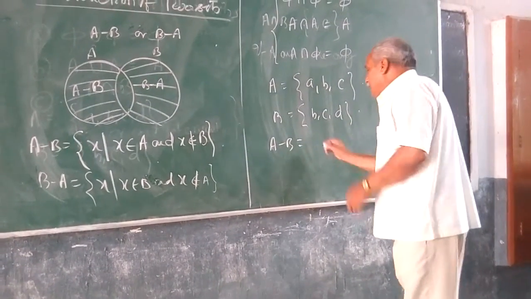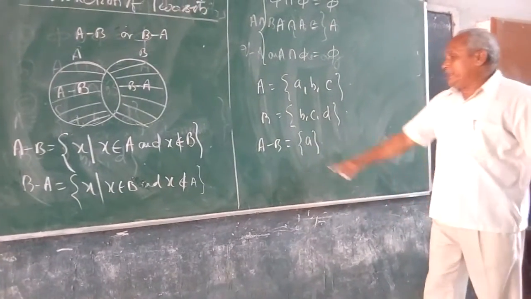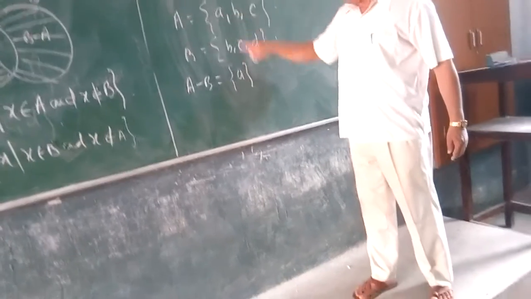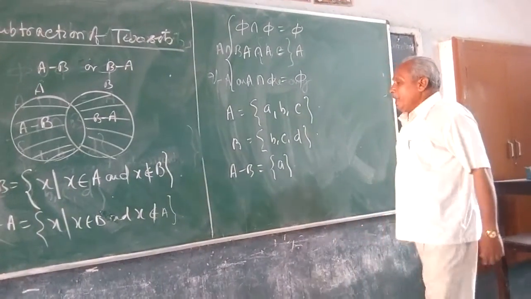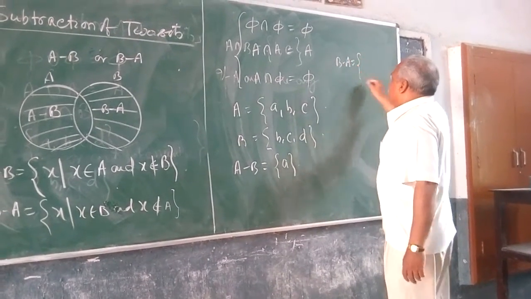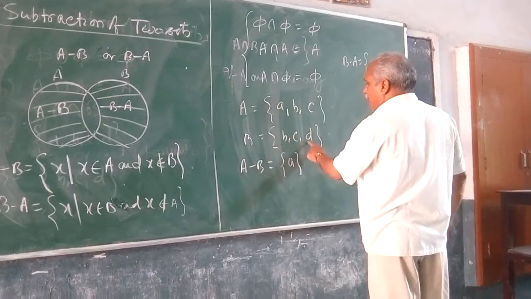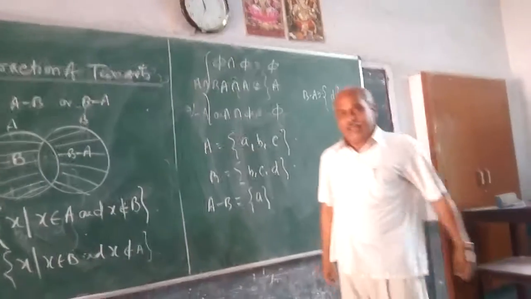It means A minus B is only A. A minus B is a set whose elements belong to A but do not belong to B. That is the definition. And if you write B minus A, then from B, A will be subtracted. Then B and C will be subtracted from B. Then what remains here? D. This is B minus A.